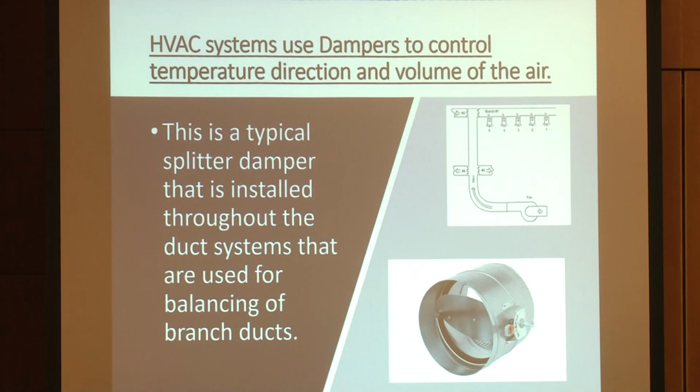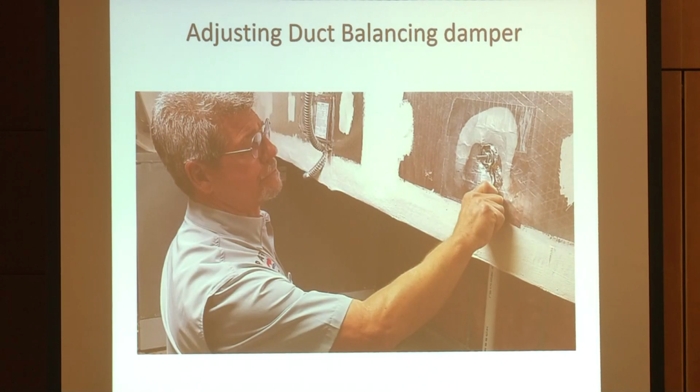Very simple, and they work very well. This is another example. As you can see, this just moves up and down based on where that position is. And as a test and balance professional makes his calculations, he can adjust that damper in the duct and then lock it. It has a little lock nut there, and you can just lock it into place, and then you balance that duct.